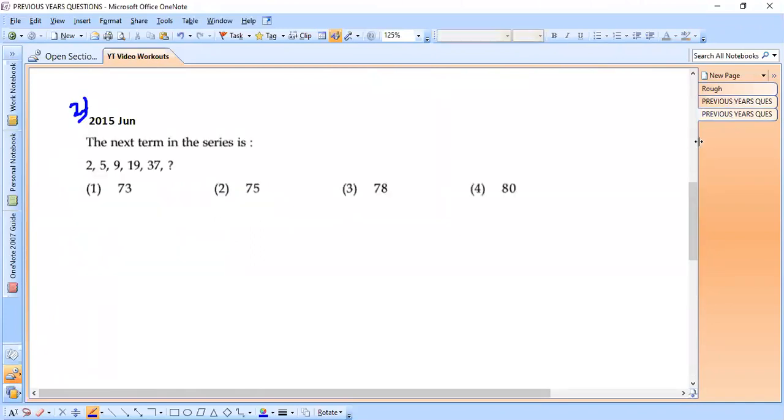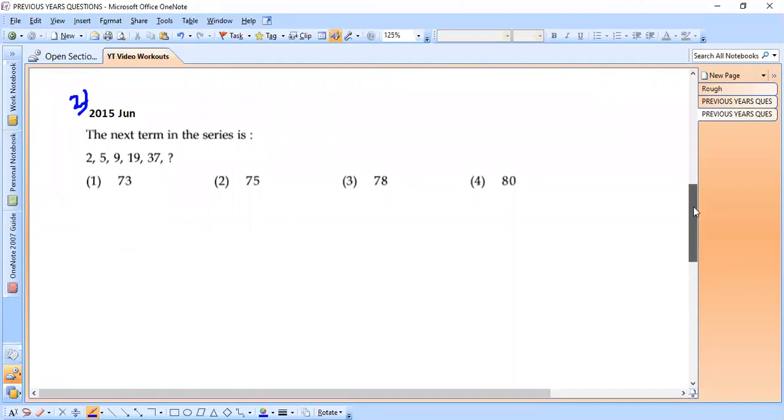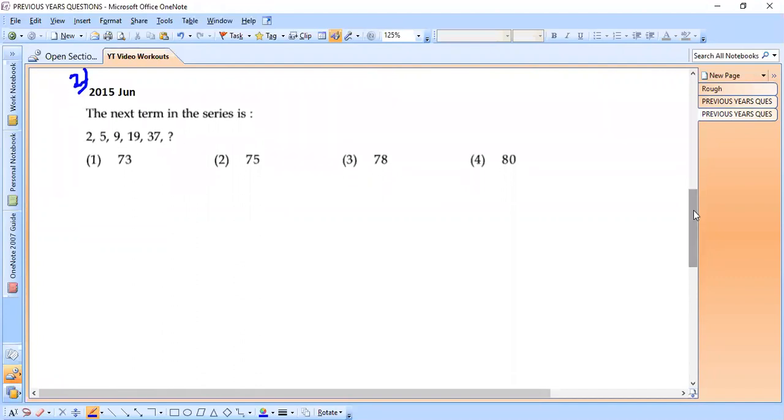And to our surprise, 2015 June we are once again getting the same question. That means it is asked 3 times. The same question is appearing 3 times.